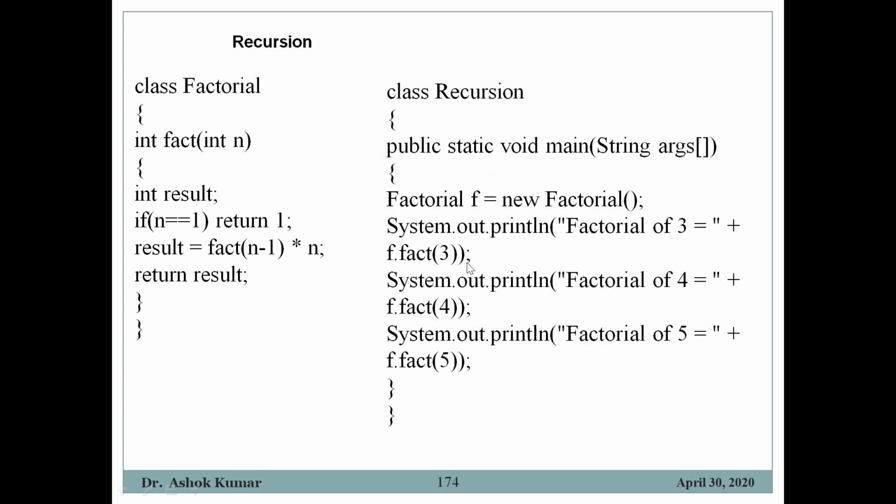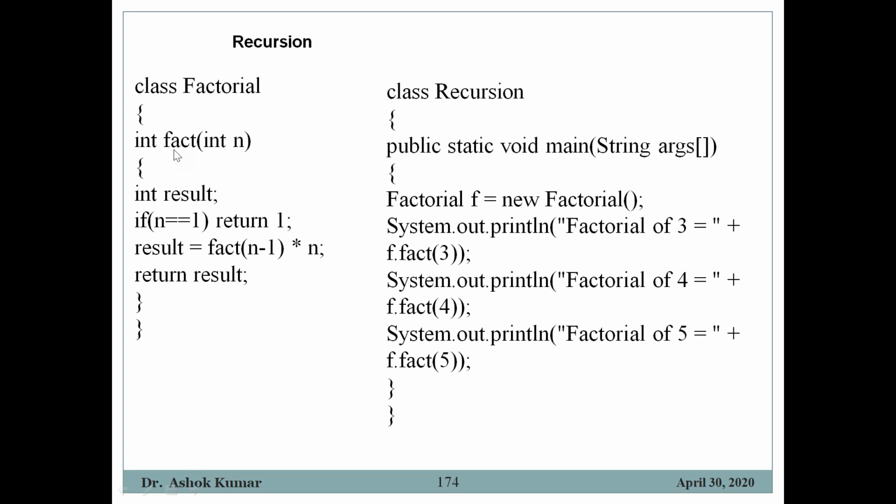Over here on the screen, I have one very common problem, that is to find the factorial of a number. After this, we will discuss two more problems on recursion on Eclipse. In this problem, we have one class named factorial, and in this class, we have one method.